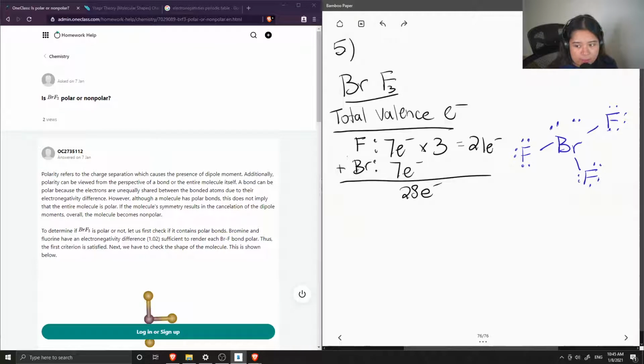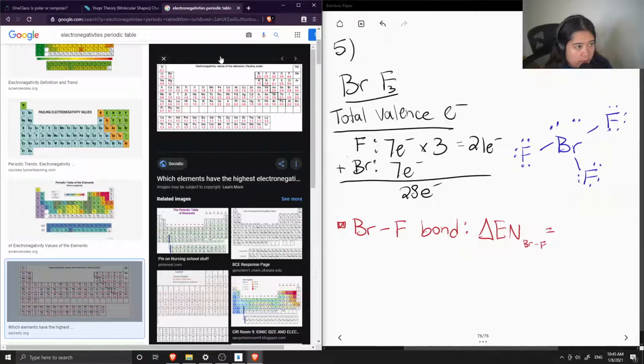So now we just have to find out whether or not this molecule is polar. So first let's see the polarity of a bromine and fluorine bond. So let's calculate the electronegativity difference of bromine and fluorine. Let's find their values on this electronegativity periodic table.